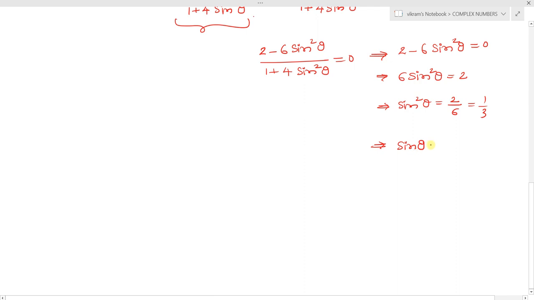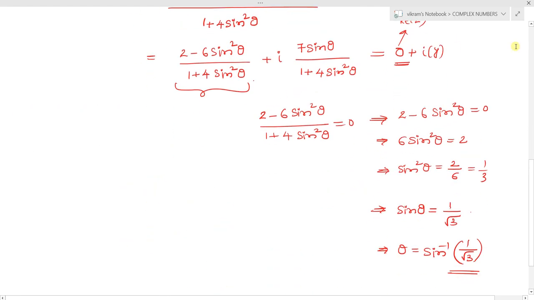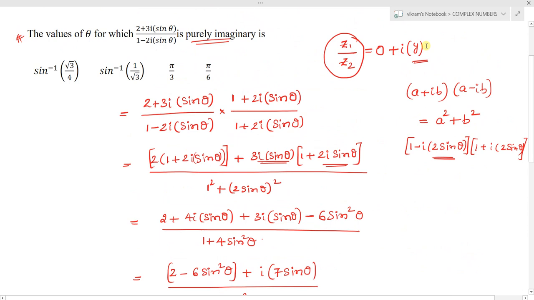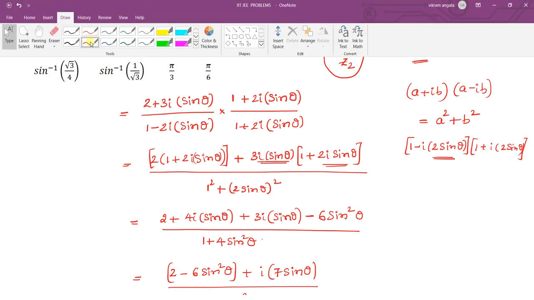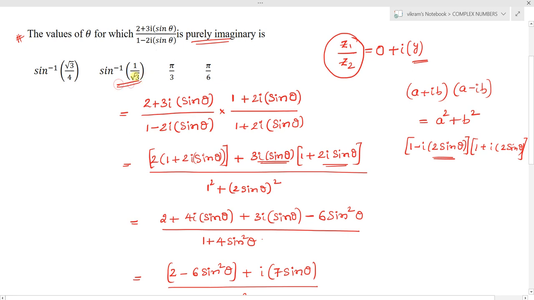Sine theta equals 1 by square root of 3, and that implies theta equals sine inverse of 1 by square root 3 is the solution. So the required answer for this one is option B, sine inverse of 1 by square root 3.